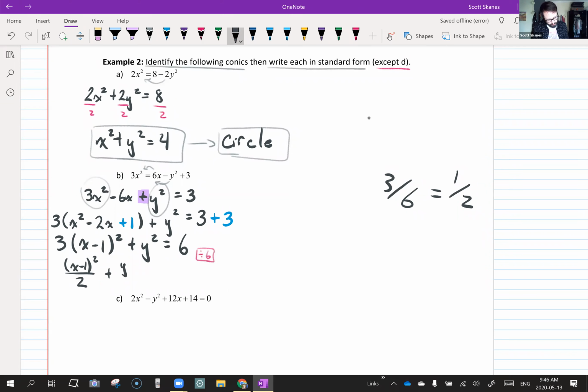This gives us y squared over 6 equals 1. And now I am finished. So you'll get used to this. You need practice, but they do end up sort of all being the same in a lot of ways.